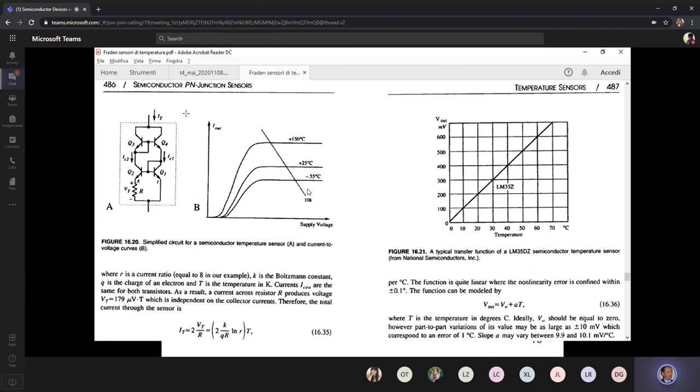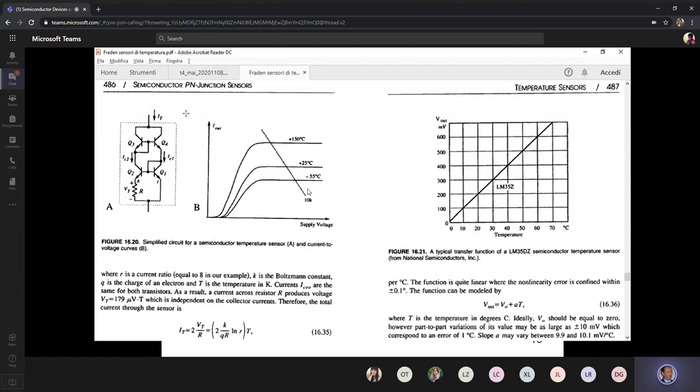Okay. Then, as we shall see in the next figure, the differential measurement is carried out between the emitters of the transistors Q1 and Q2.